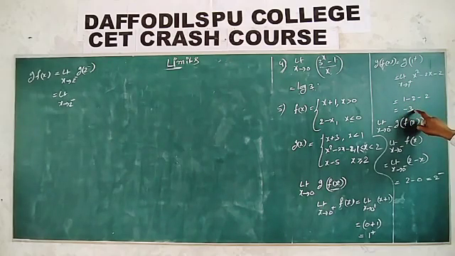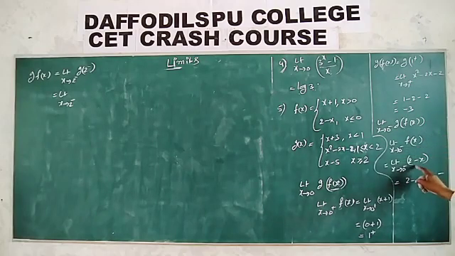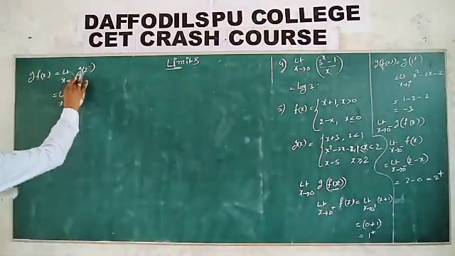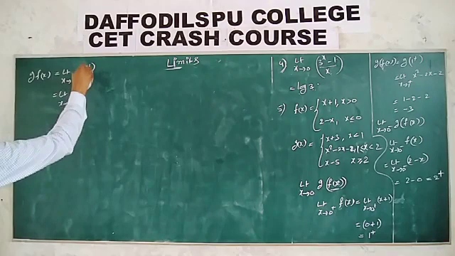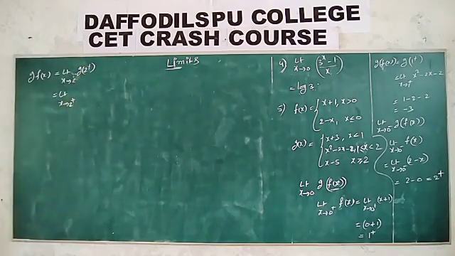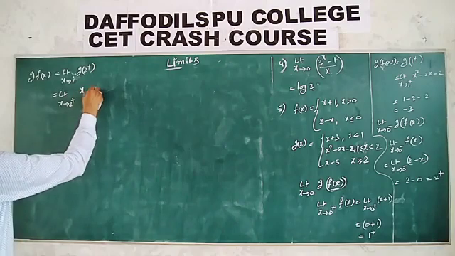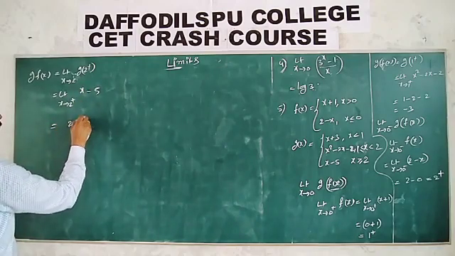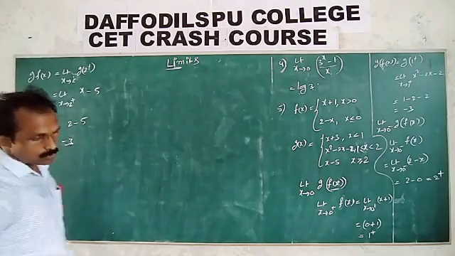Okay, clear? Greater than 0. This value is 2 minus. You take 2 plus: 0 minus means 2 minus x, substitute 0, 2 plus means x minus 5. x minus 5 is equal to 2 minus 5, that implies minus 3.